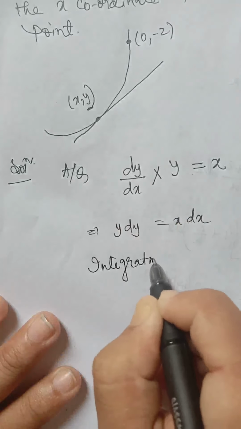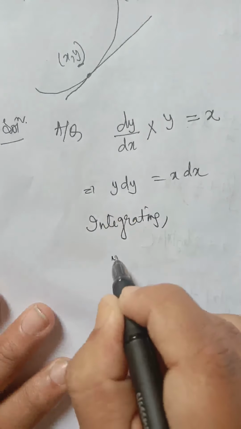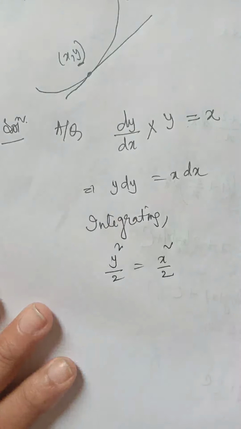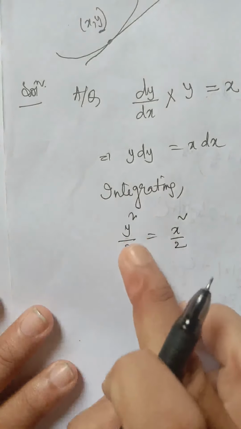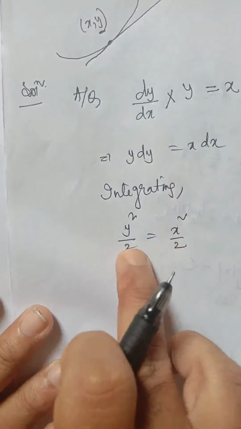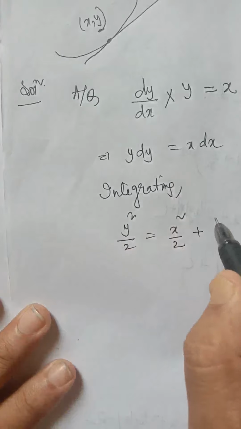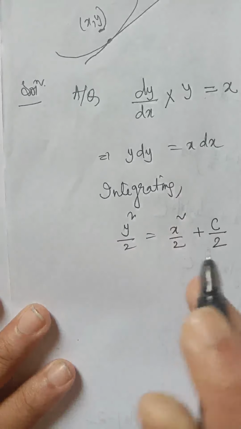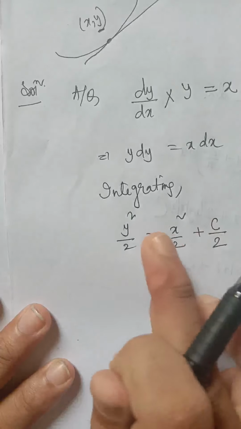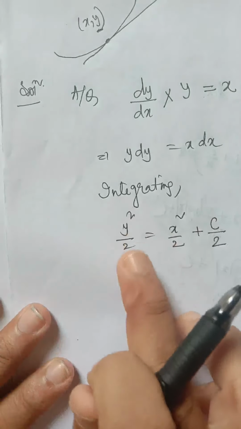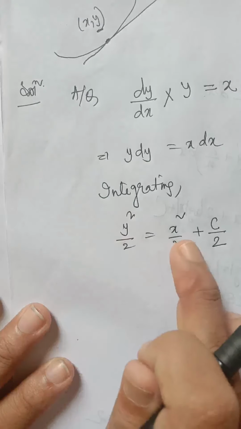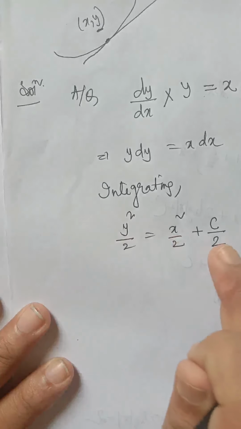Integrating, the integration of y is y square by 2, the integration of x is x square by 2. In both the terms 2 is in the denominator, so I will write the constant in this way, c by 2. There is no problem if you write only c, but I have written c by 2 because the denominator in both terms is 2.